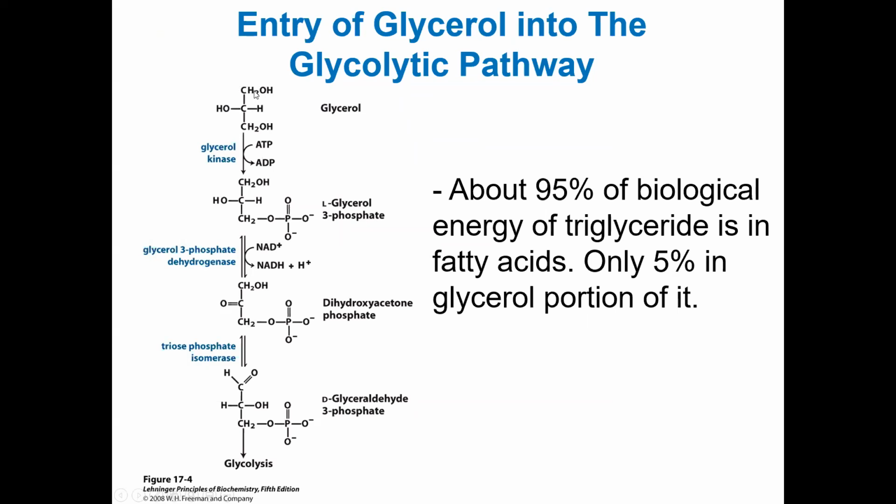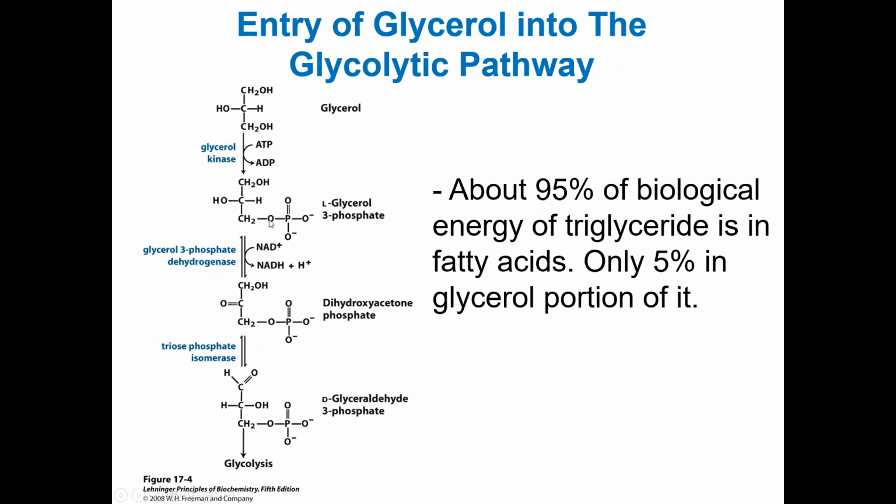Glycerol kinase will take glycerol and ATP and make glycerol 3-phosphate. So it's not glyceraldehyde 3-phosphate, because that would be done, right? No, you first make glycerol 3-phosphate from glycerol using glycerol kinase.